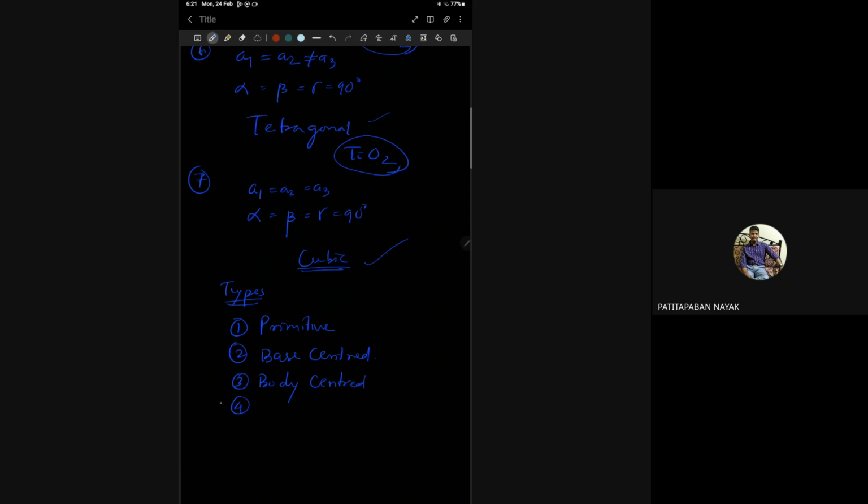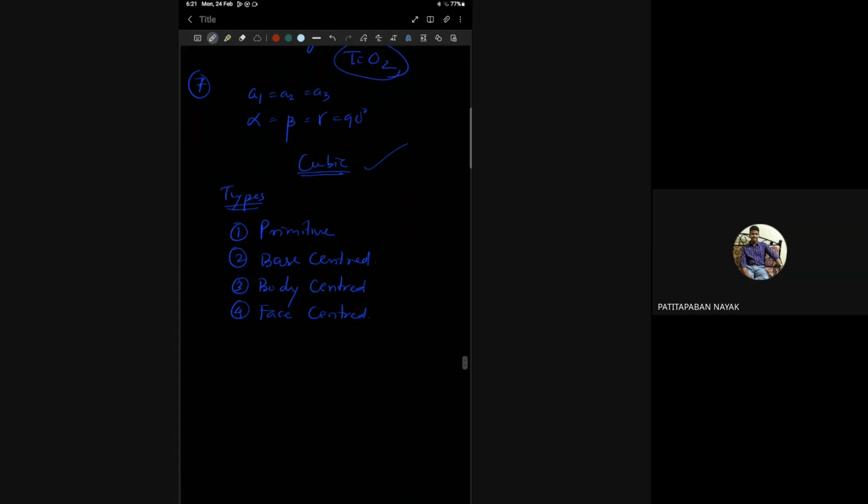And fourth one is face center. So how does it look, the primitive or base center, body center, face center?